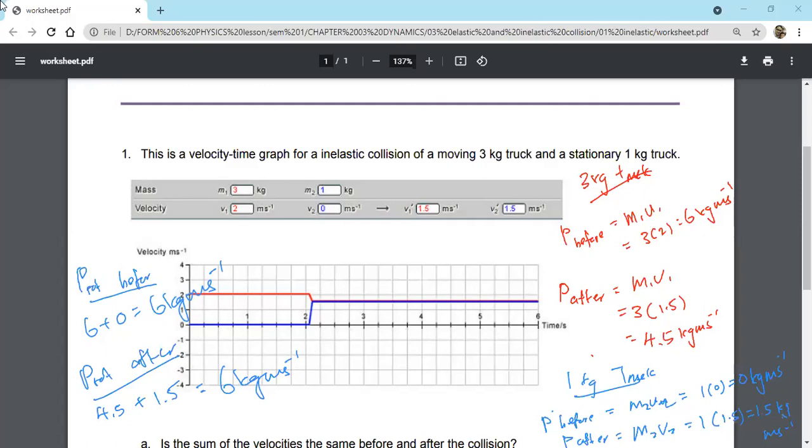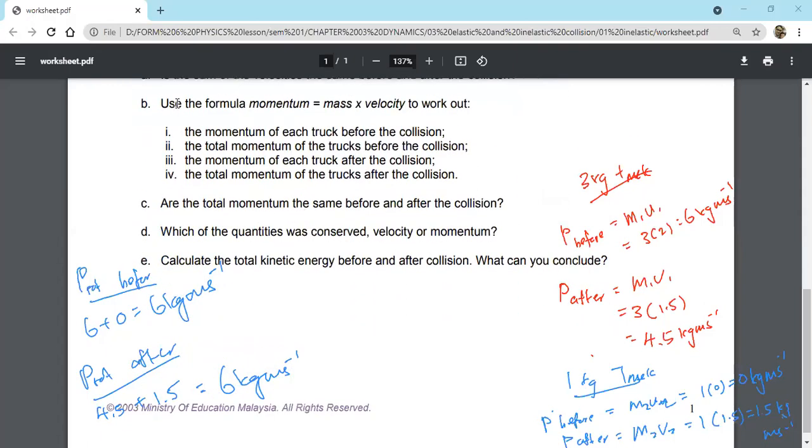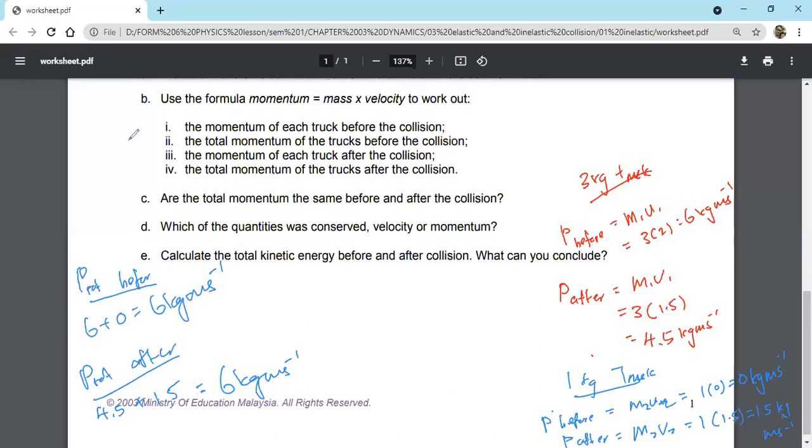Okay, now we look at the question. What's the question asked? For 1, 2, 3, 4, B, we already solved, right? So C, are the total momentum the same before and after? So the answer for C is yes.